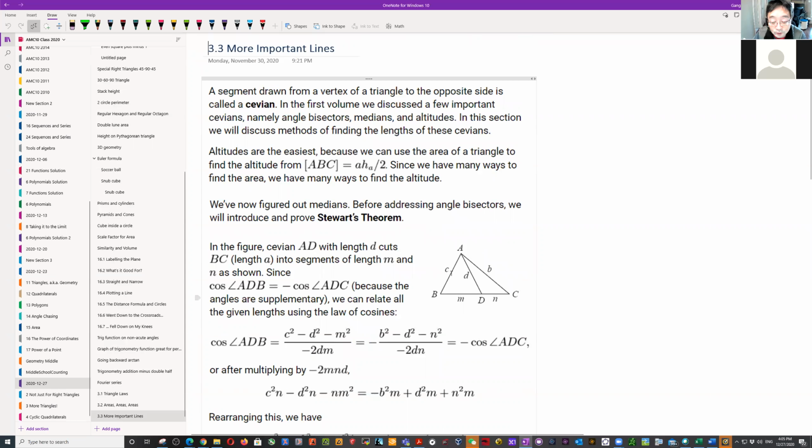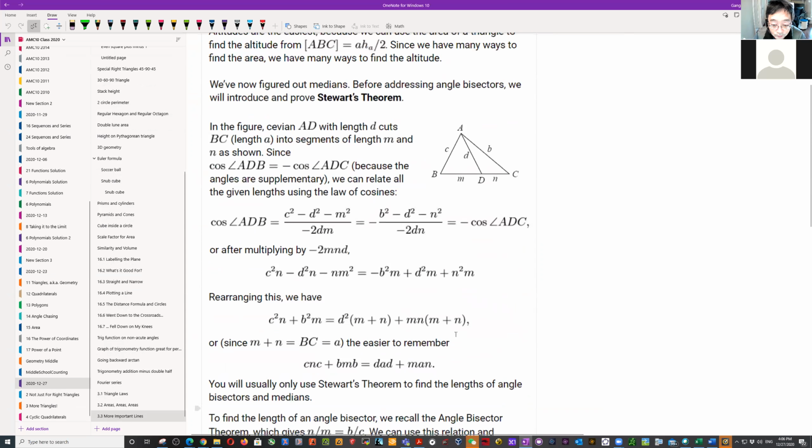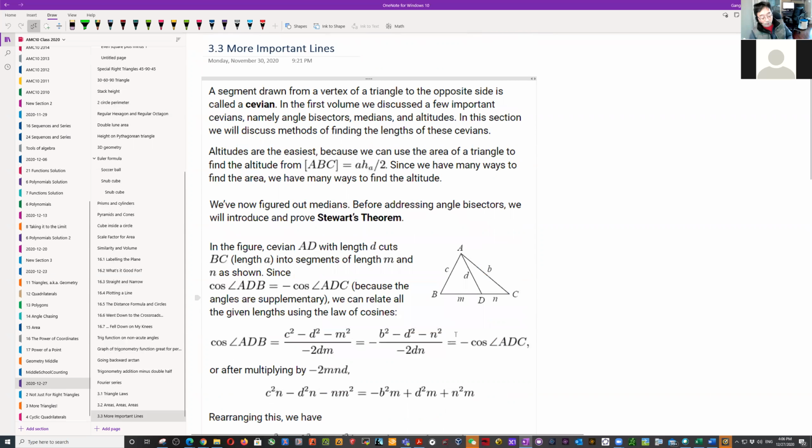So until here, we have a way to figure out all three Cevians. This is the angle bisector, and then we also have a way to figure out the median, and also a way to figure out the height.